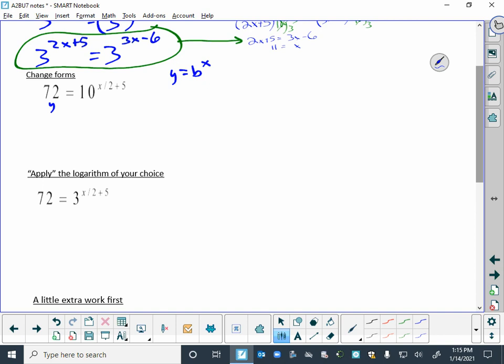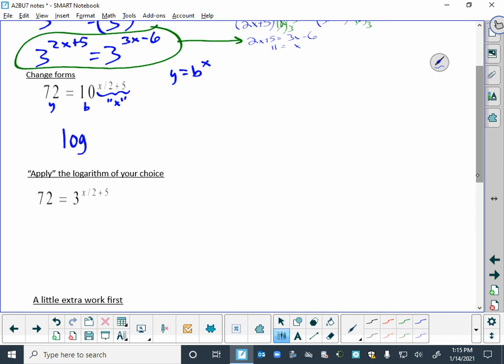So this is the y, the 10 is the b, this whole thing up here is the x, and in its logarithmic form, it is the log base b, mathematician shortcut, the base is 10, I don't have to write it.